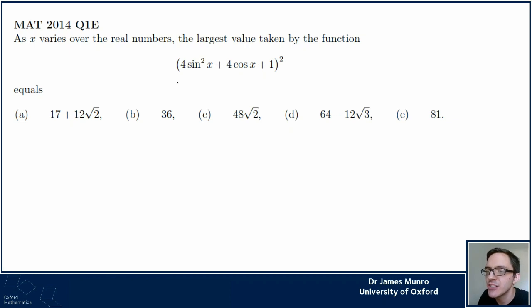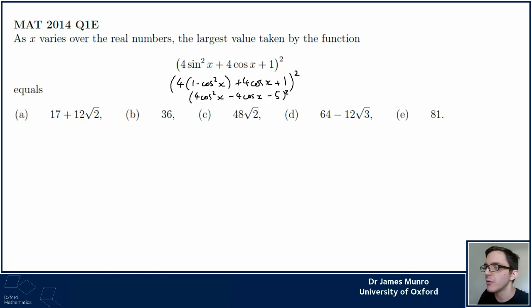So the suggestion I saw in chat was to write this like this, and then do some sort of rearranging. So I'm going to write this as 4 cos squared x minus 4 cos x minus 5 squared, where I've missed a minus sign on every term, so I'm okay.